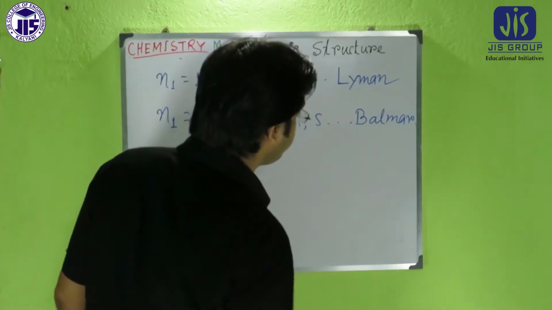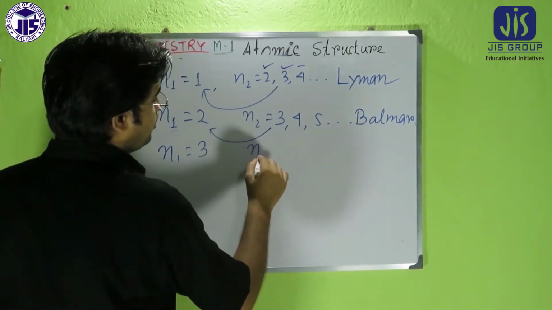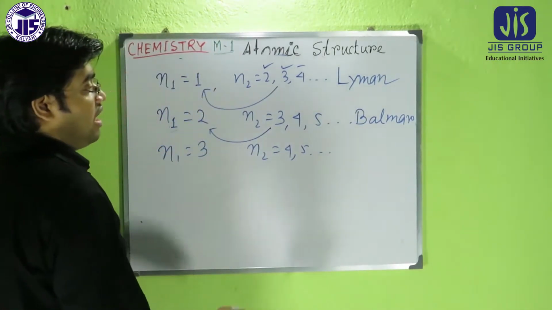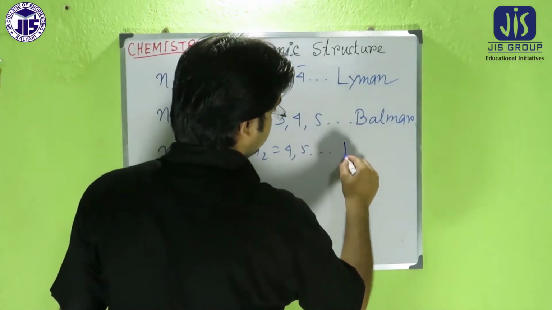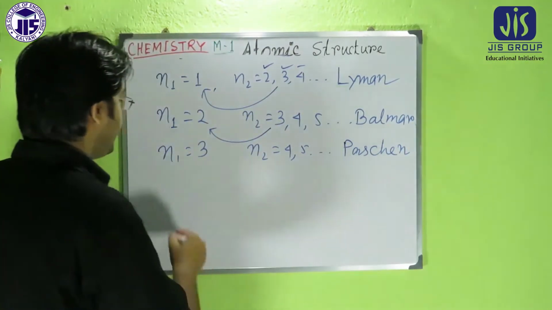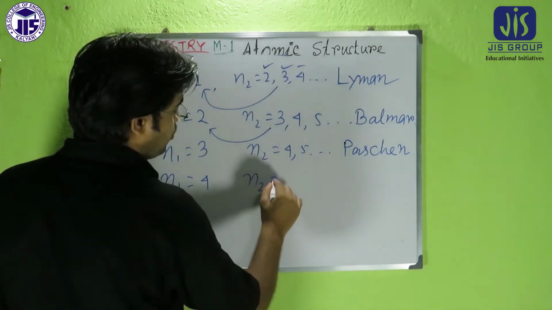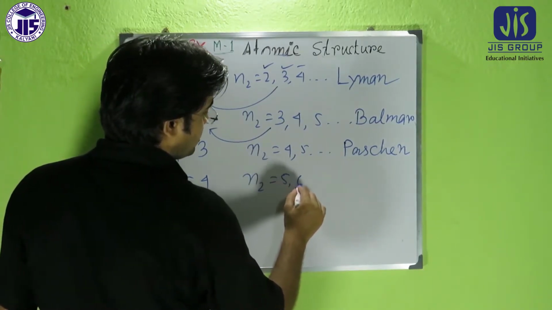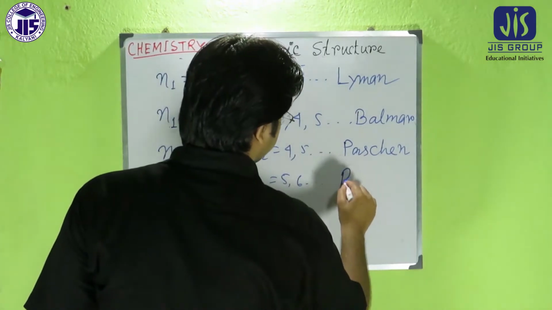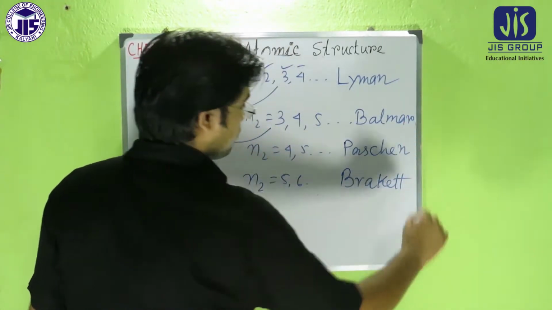Next, if N1 equals 3 and N2 equals 4, 5, etc., then it is called Paschen: Lyman, Balmer, then Paschen. Next, if N1 equals 4 and N2 equals 5, 6, etc., then it is called the Brackett series.